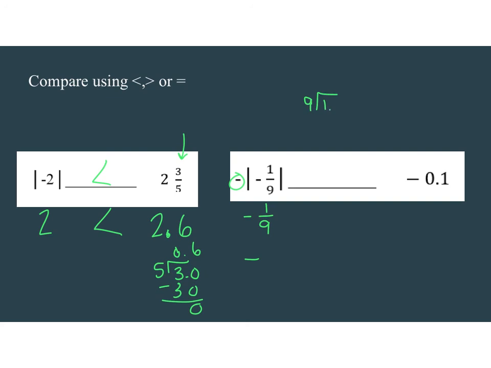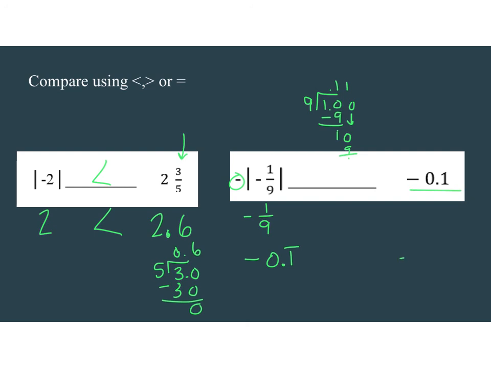Well, 9 can't go into 1, but it can go into 10 one time. Subtract, we get 1. Add a 0, drop a 0. You will see here again it starts repeating because you're going to keep wanting to multiply 9 by 1. So we're going to go ahead and stop there, and this is going to be negative 0.1 repeating.